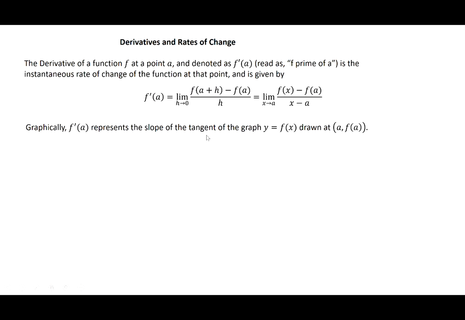What exactly is the tangent of a graph, and where do you draw the tangent? At a and f of a. The x coordinate is a and the y coordinate is f of a. If you were to draw a tangent, then the slope of the tangent is precisely what we are talking about when we say f prime of a.